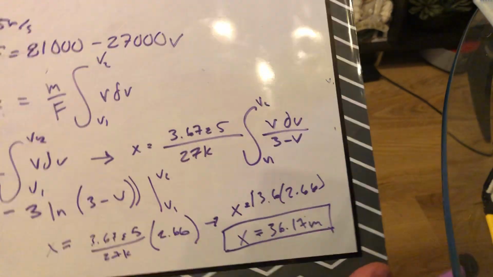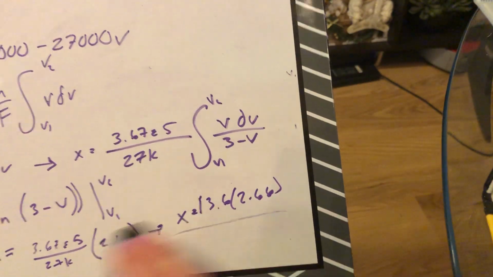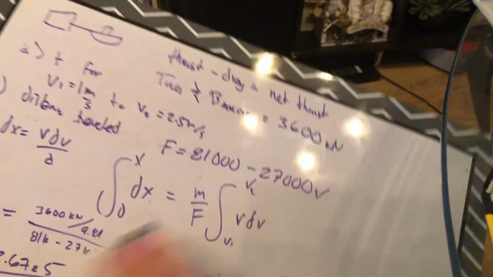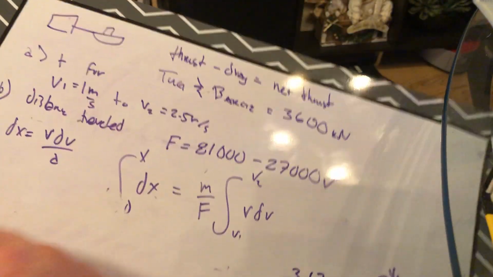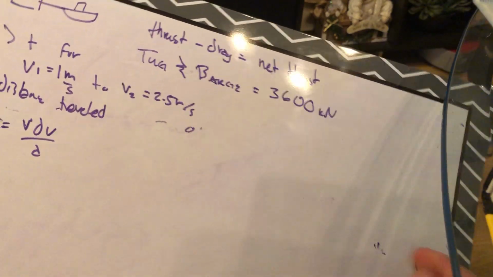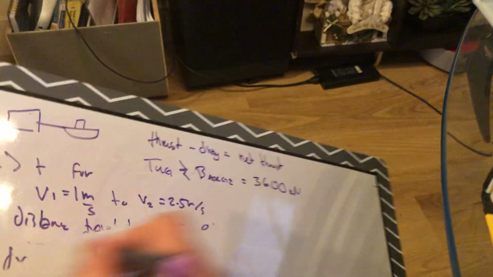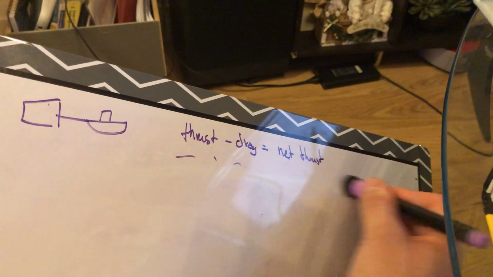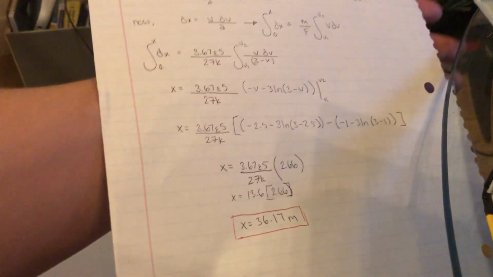Do you want to go from 1 meter per second to 2.5 meters per second in 30 meters when you weigh a lot? That's neat. 3,600 kilonewtons. Okay. There's the magical work for that. Okay.